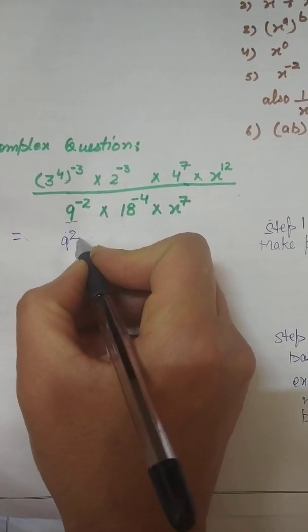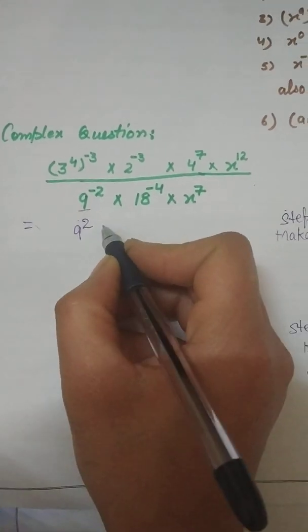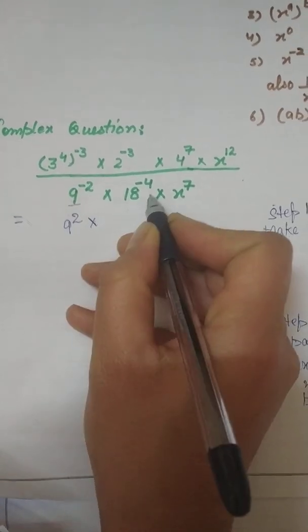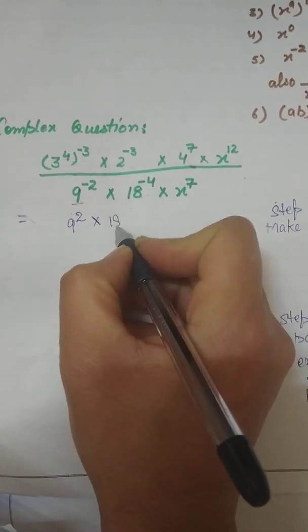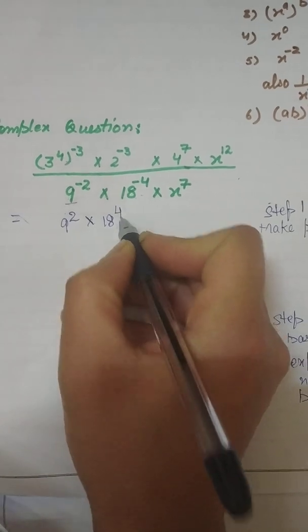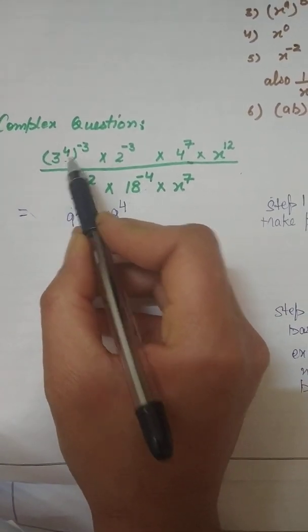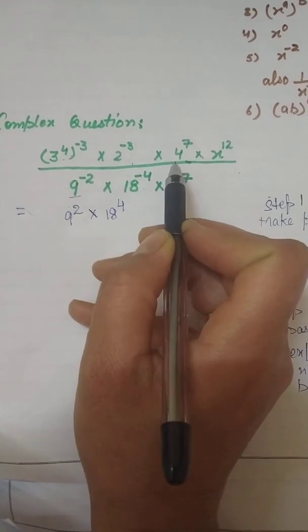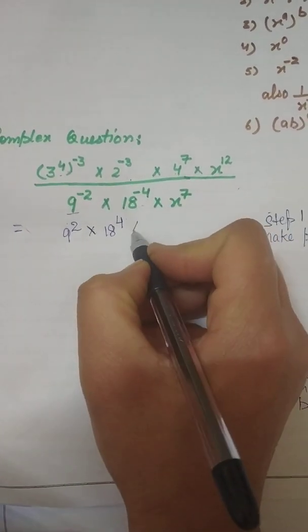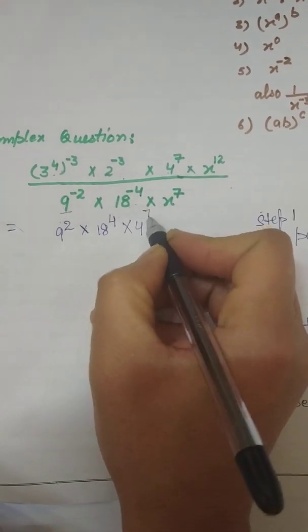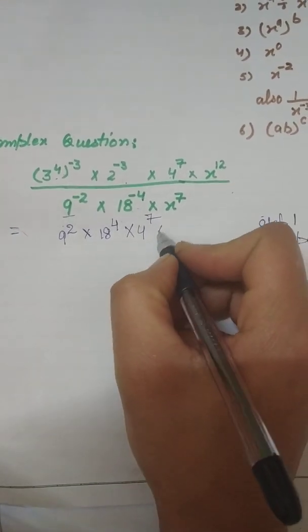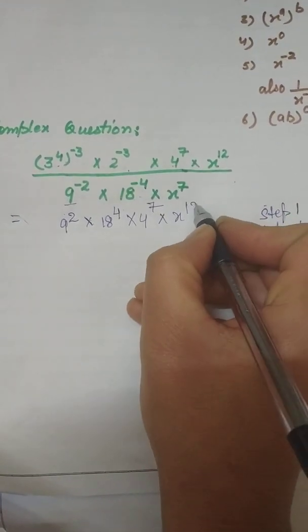Now I have shifted it to the numerator, so the power will become positive. Next, this is also negative and it will shift to the numerator, and so the power has become positive. This won't come in the numerator. This will stay in the numerator because it has the positive power. This will also stay in the numerator because it has positive power.